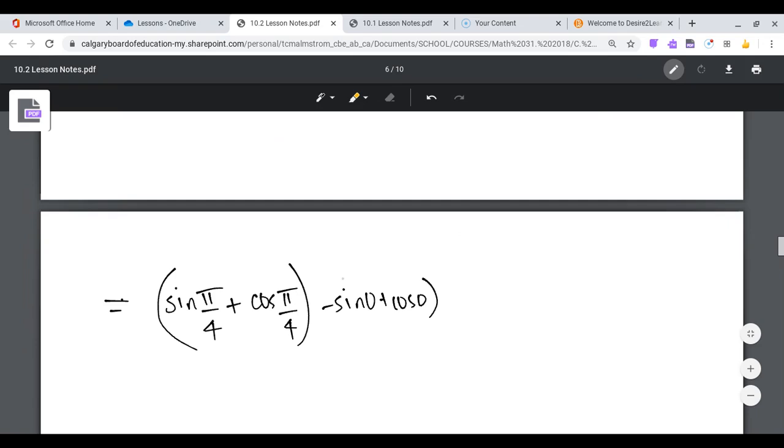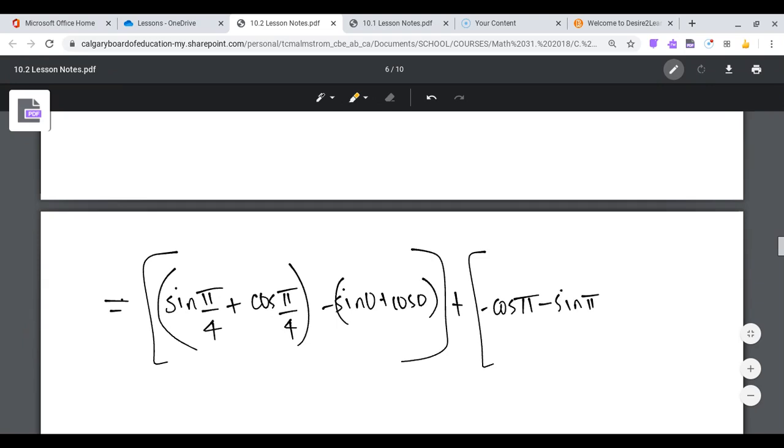Remember, that's the angle 0. All of this is region 1. Region 2 would be negative cos pi minus sine pi, all of that, subtract negative cos pi on 4, subtract sine pi on 4. Hard to fit it in.